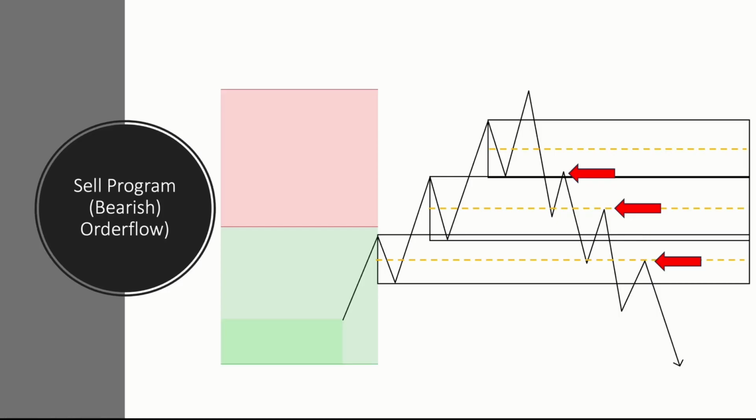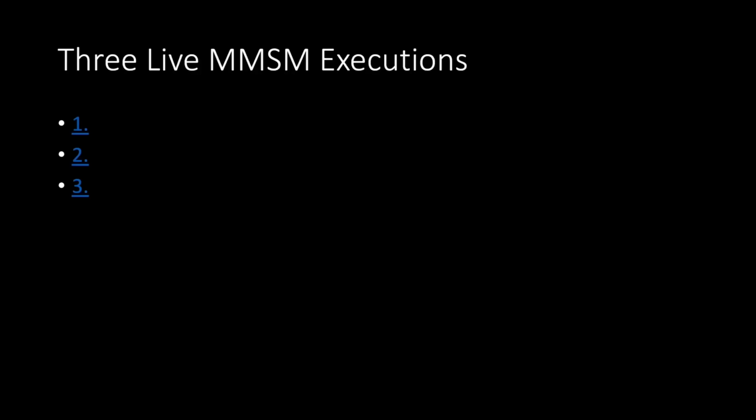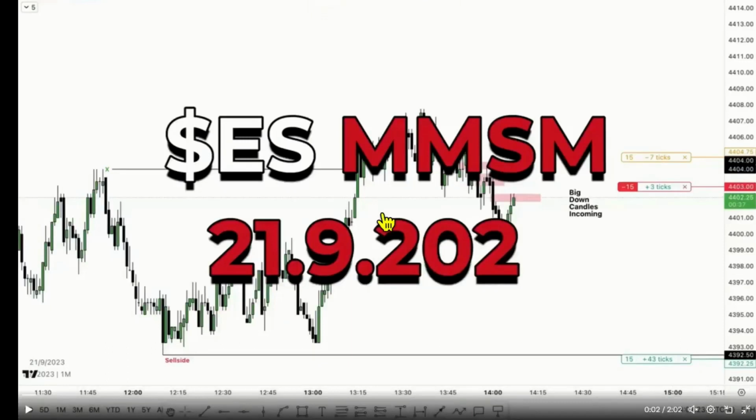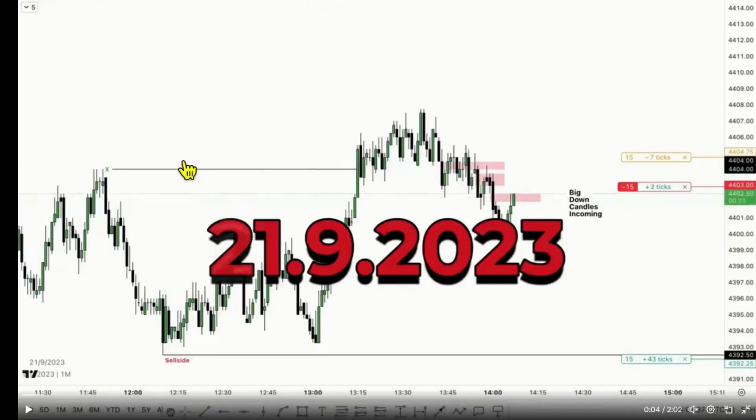Let us take a look at three live market maker sell model executions. So here we are on the first market maker sell model execution. What we can see is that price traded above this buy side liquidity here, which is the lunch buy side liquidity. Market consolidated above that, it distorted time and it then fell lower.